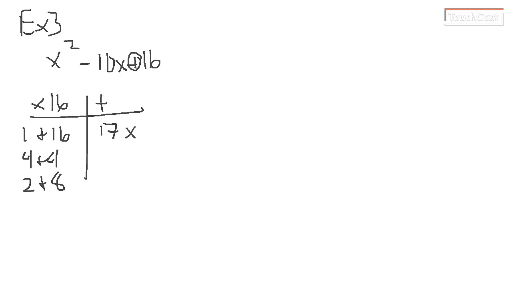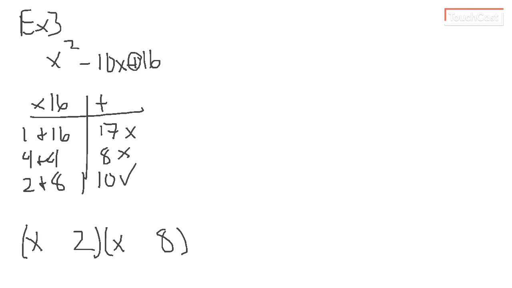That doesn't work. 4 and 4, if we add them, that makes 8. That doesn't work. 2 and 8, though, if I add 2 plus 8, makes 10. That's what we want. So I'm going to set up my two factors, x in both sets of parentheses. I'm going to put my 2 and my 8.